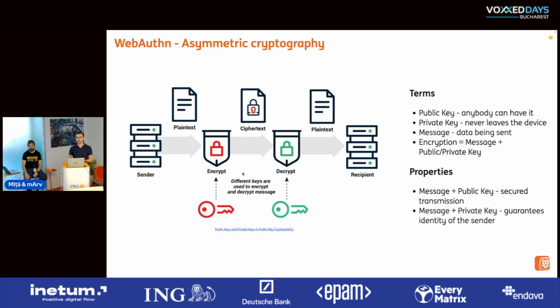But when you encrypt that message with the private key, anybody can decrypt it and understand the original message. But we still get something out of that. We have the guarantee of the identity of the sender because only the one having the private key can create such a valid message. And this is what's going to be used by web authentication to replace passwords.